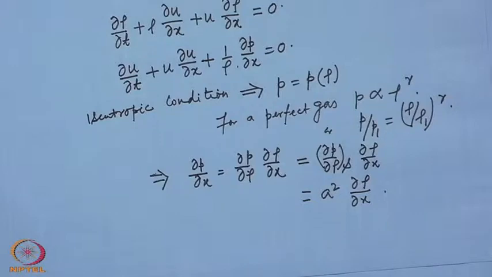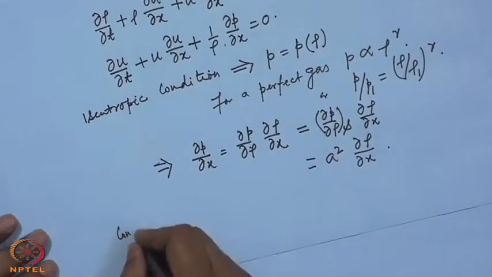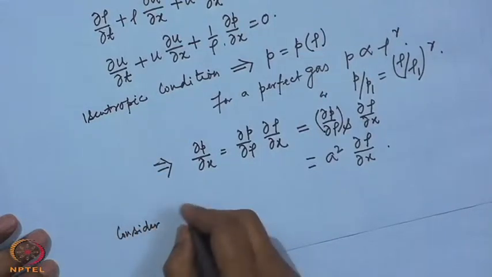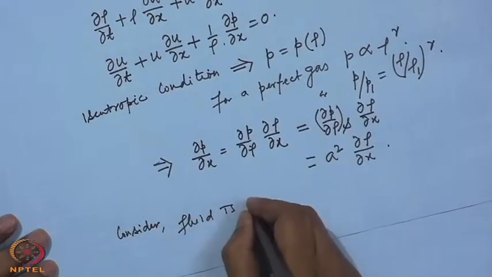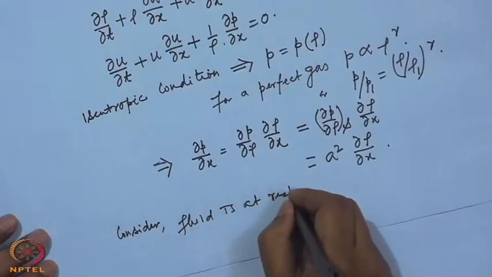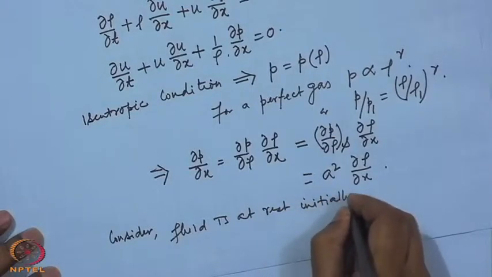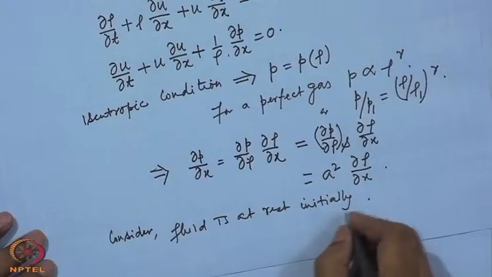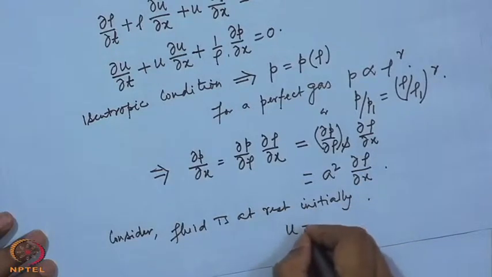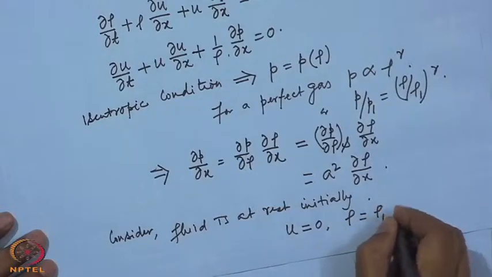Let us take that initially the fluid was at rest, the velocity is 0, and let us say the density to be ρ1.